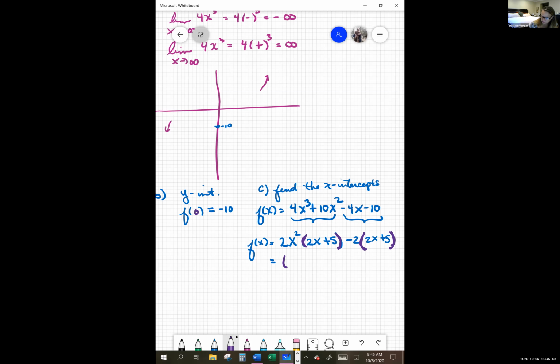So pull out what those parentheses are, 2x plus 5. If we pull that out, you're left with a 2x squared. And if we pull this whole parentheses out of this piece, we're left with a -2. So we want to know, when is 2x plus 5 equal to 0?